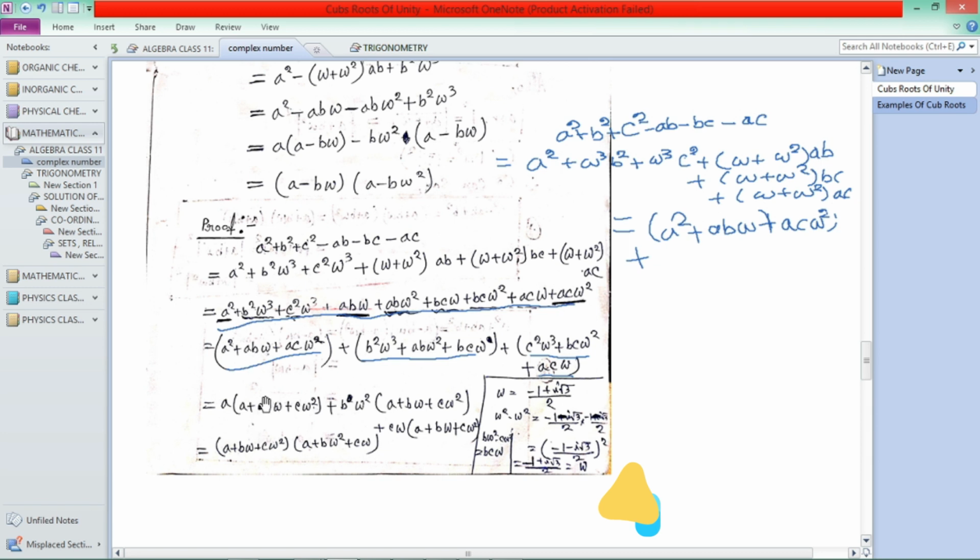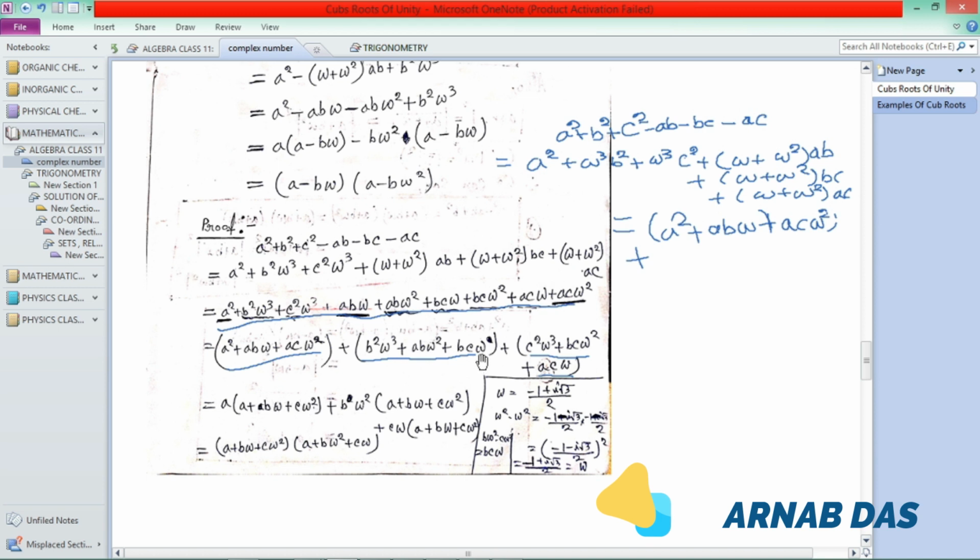After you common a, this is also a very simple way, and after common b omega square, here b omega, and here a, and here c. b omega square is common, guys.